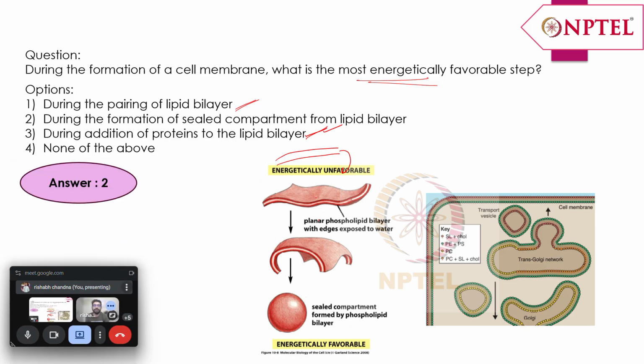The pairing has already occurred. So this is the first layer and this is the second layer, and this white region is the hydrophobic tail of the fatty acids.